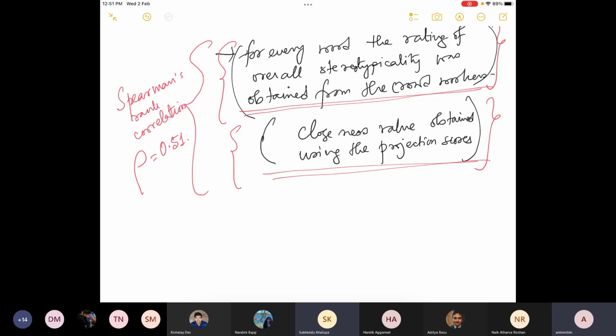Now you have these two rank lists and you compute a simple Spearman's rank correlation, and it comes out to be 0.51. So what is your observation? A low value, high value, medium value?